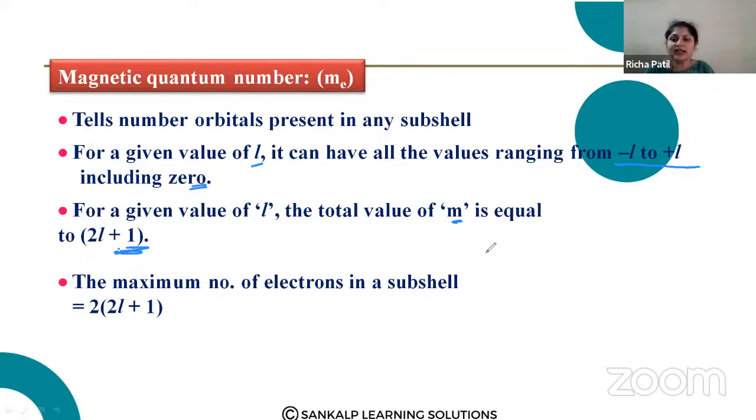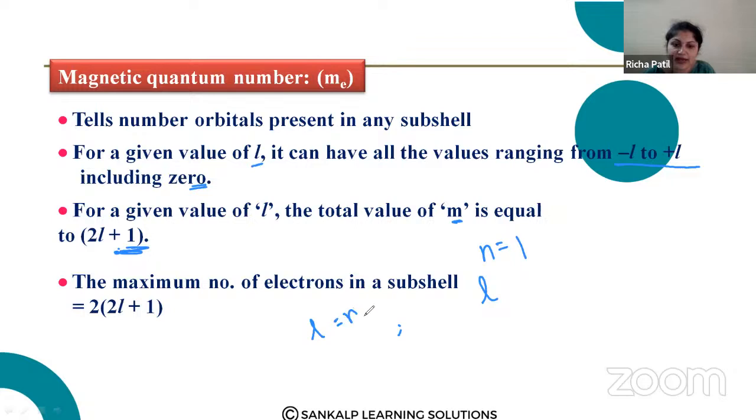Now I'll give an example. n will have values from 1, 2, 3, etc. If you consider n equal to 1, what will be the value of L?